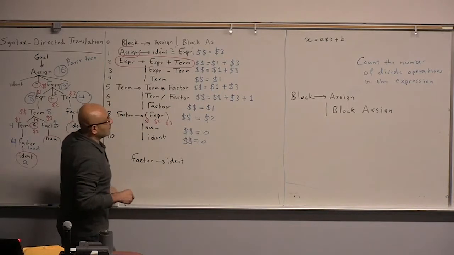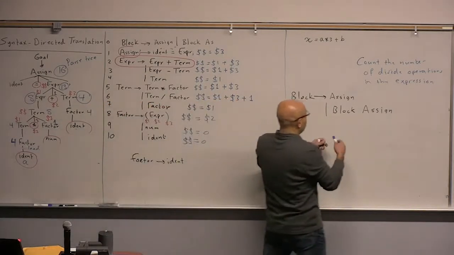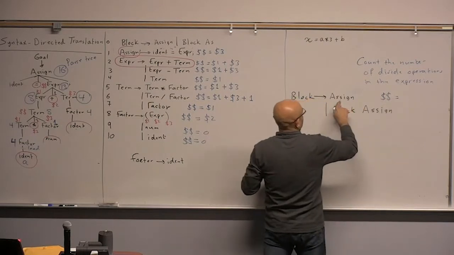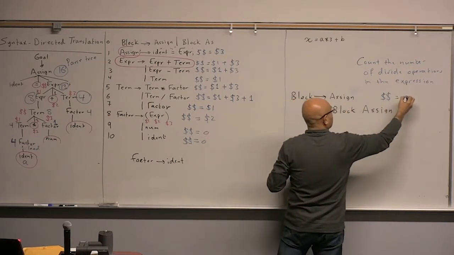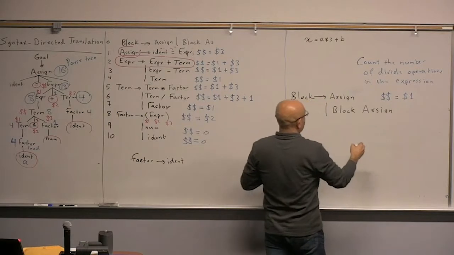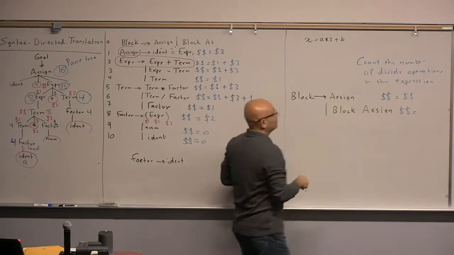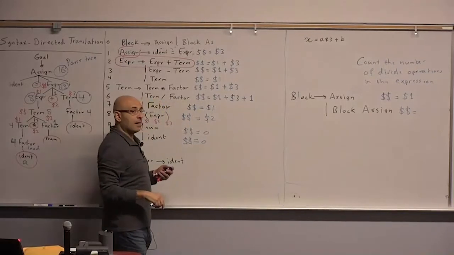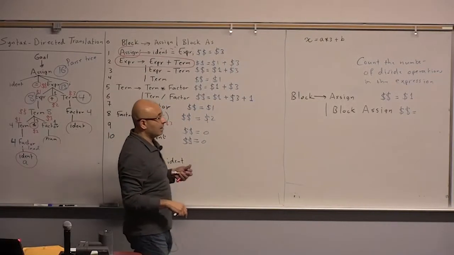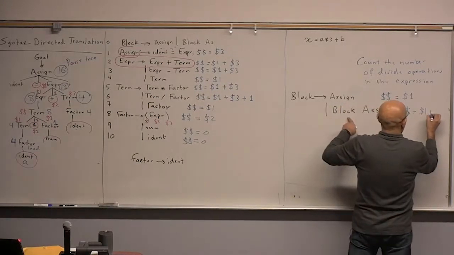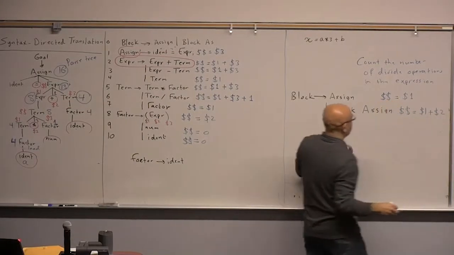Now in this case, obviously what we write here is $sign equals $sign 1. And here, $sign equals $sign 1 plus $sign 2. Why?